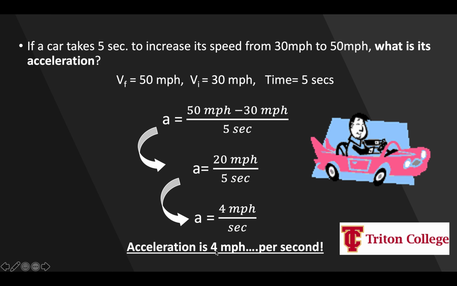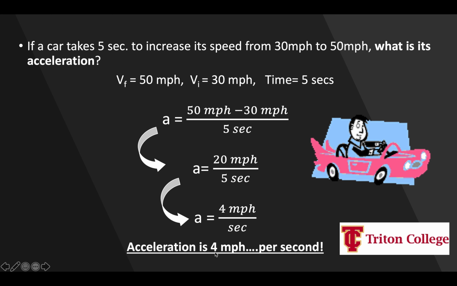Because what this is showing me is that if I had a timetable of its acceleration, if I plotted this person's speed through time, I would start at the first second, or 0 second. At 0 is 30 miles an hour, correct? And then 1 second later, it's 34 miles an hour, right?